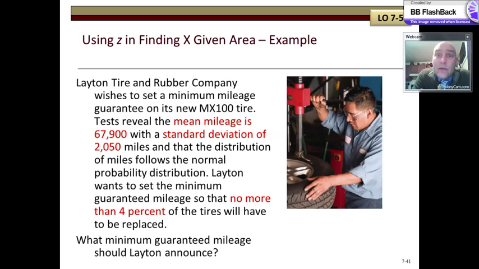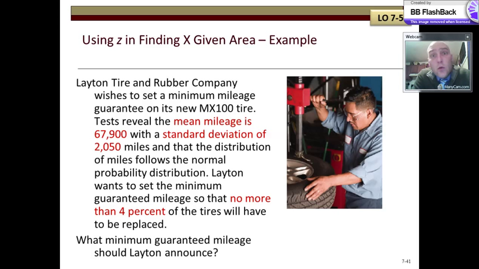What I can do is replace some tires that fail prematurely. In other words, if half of these last at least 67,900 miles, I couldn't set the warranty there. I could probably set it a little bit below that or a lot below that, but ultimately I only ever want to replace 4% of my tires.